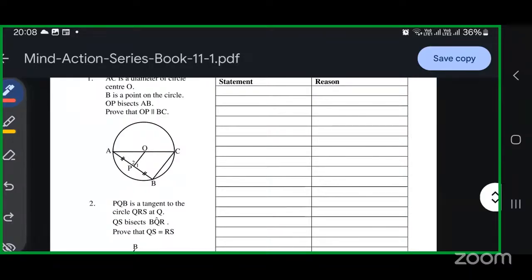Because there exists that diameter, angle B, do you agree if I say this angle is 90 degrees? Yes, sir. Okay, we are saying angle B is equal to 90 degrees.